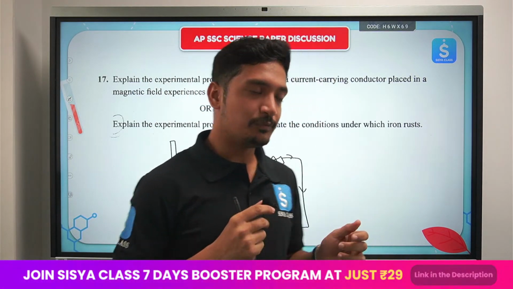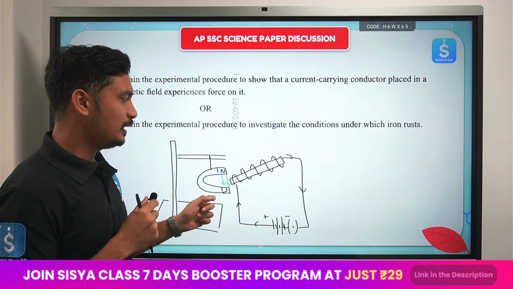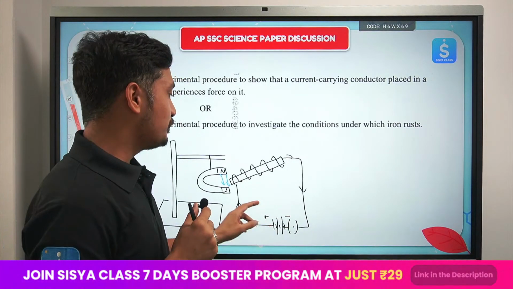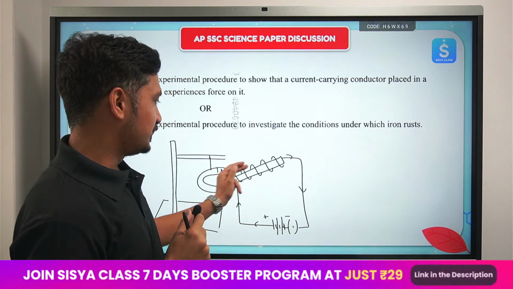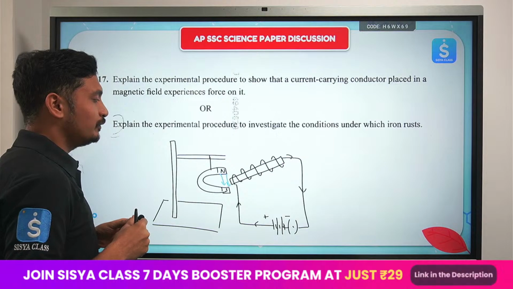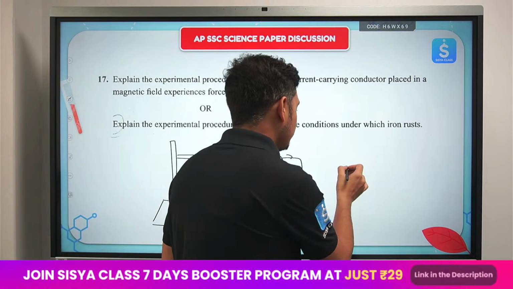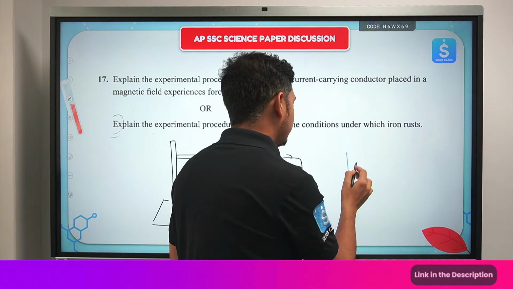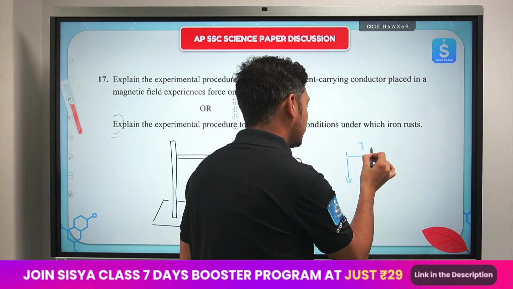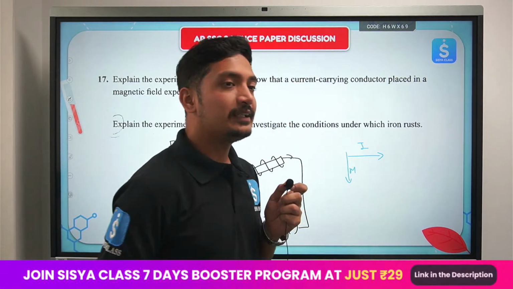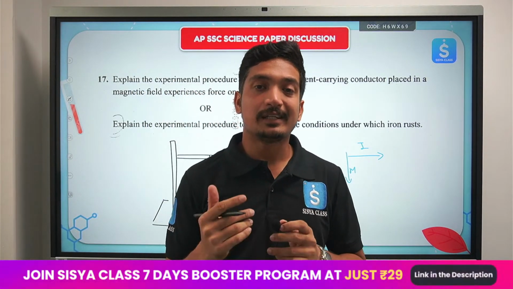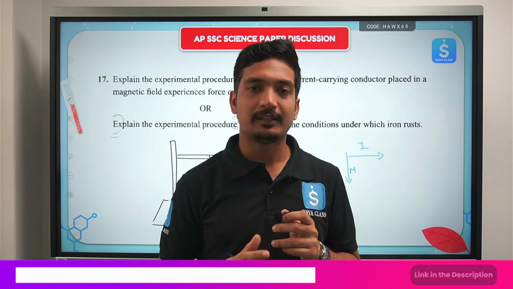One is the direction of the magnetic field, which is from north pole to south pole, and the other is the direction of the electric current, which is in this direction. Now the thing that I am supposed to find out is the direction of the force acting upon that object.